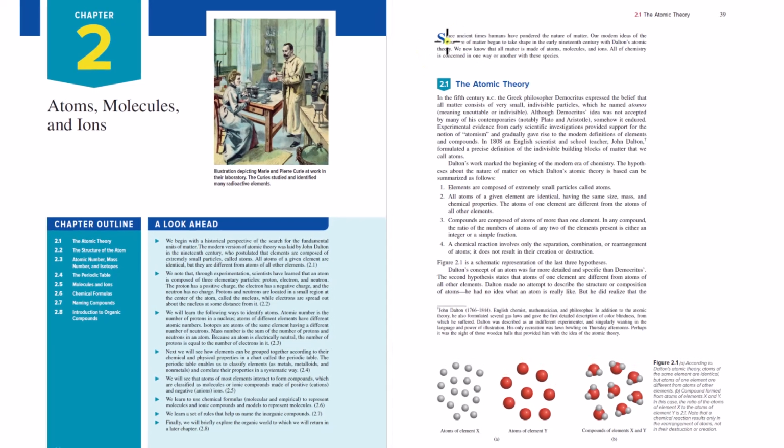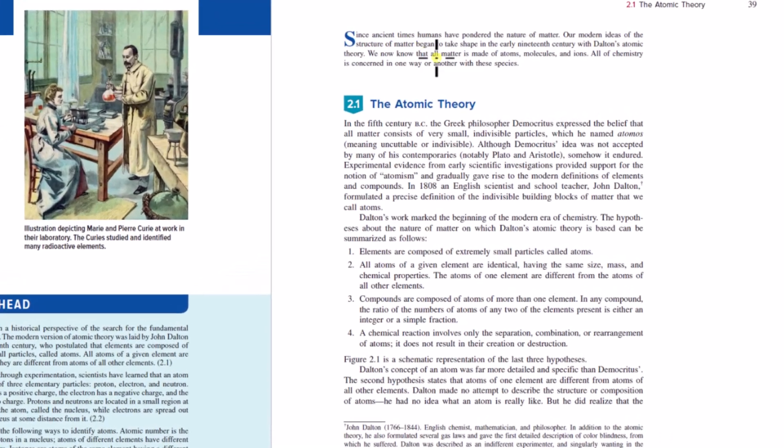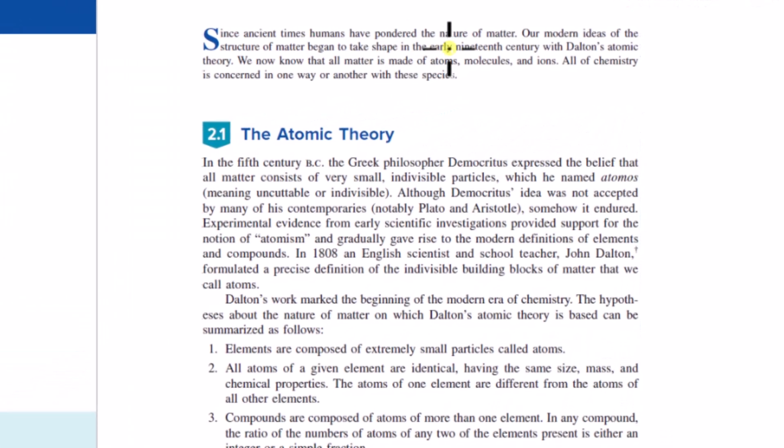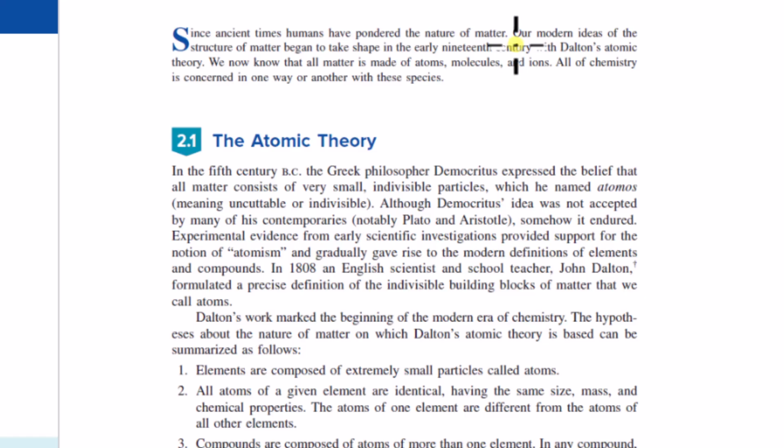Okay, so it says, since ancient times, humans have pondered the nature of matter. Our modern ideas of the structure of matter began to take shape in the early 19th century with Dalton's atomic theory. We now know that all matter is made of atoms, molecules, and ions.